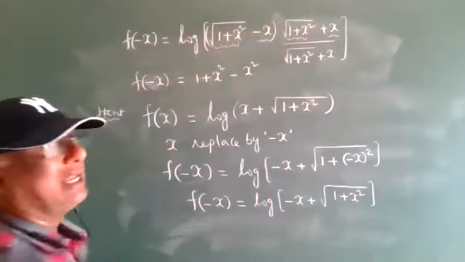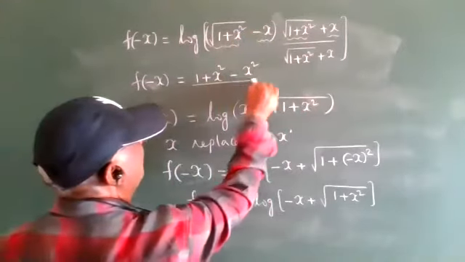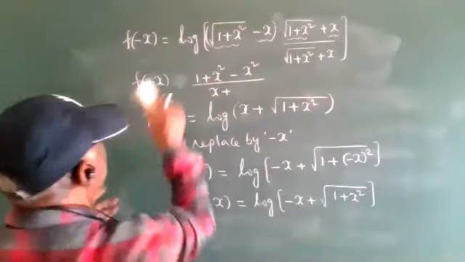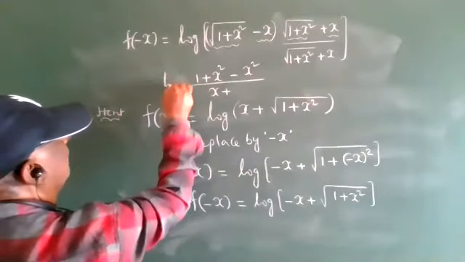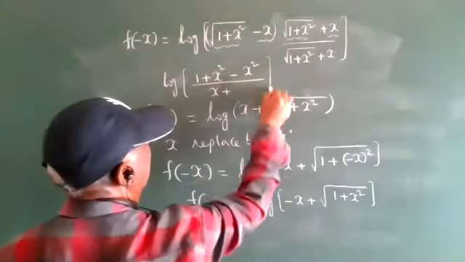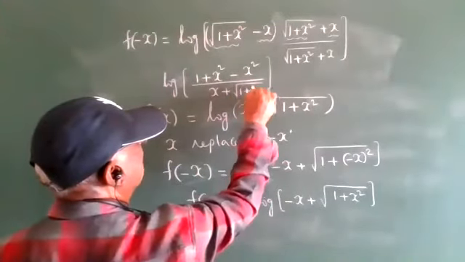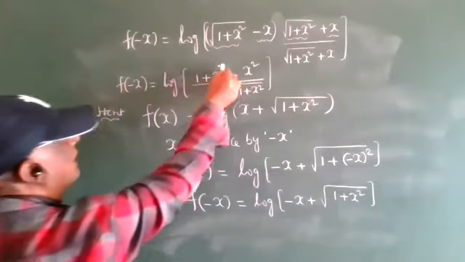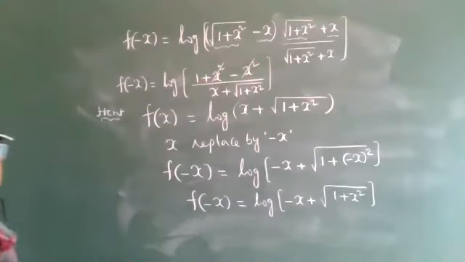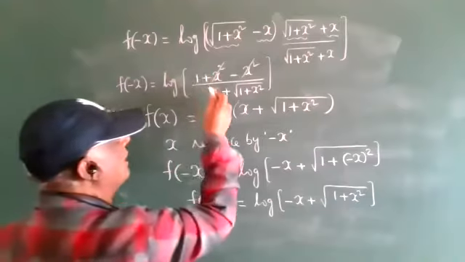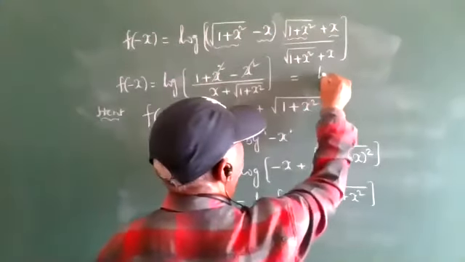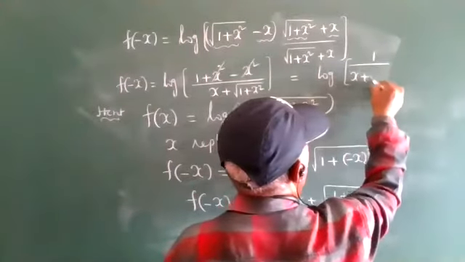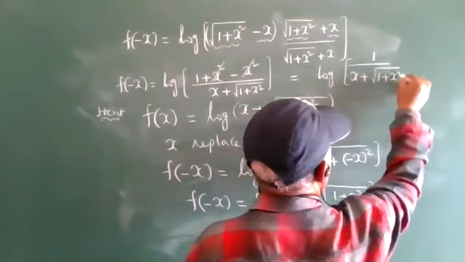So the numerator becomes 1, and the denominator is root over 1 plus x square plus x. This is the f of minus x value. Here x square is cancelled. So log of 1 by x plus root over 1 plus x square.